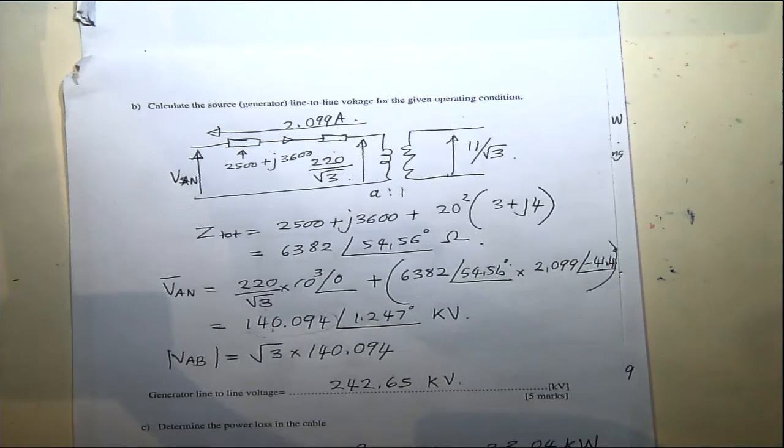Since there's no current, this side will be 220 anyway. So these are the rated values, and this one will be neglected. For the rated condition, if you give the rated value but then load it up, then you have a voltage drop across there.